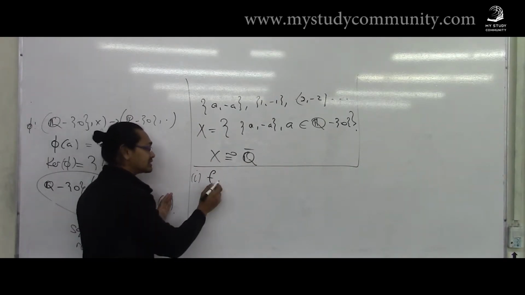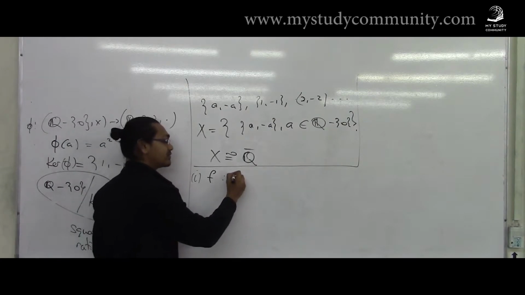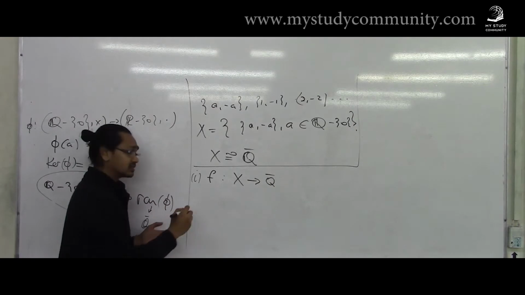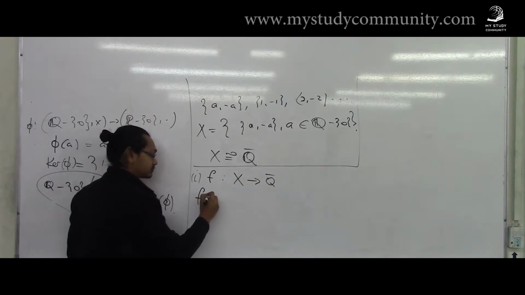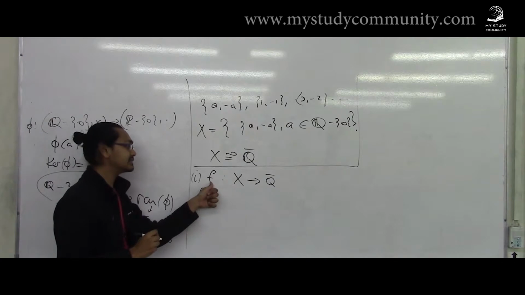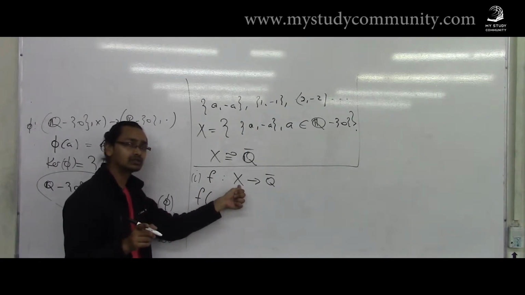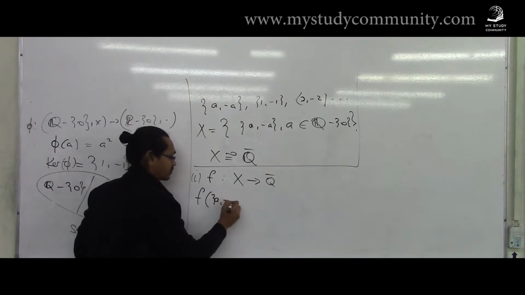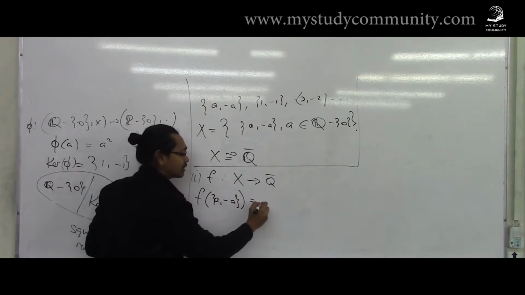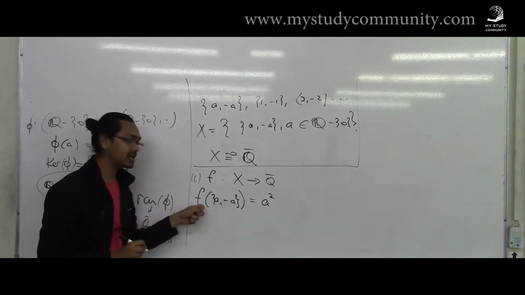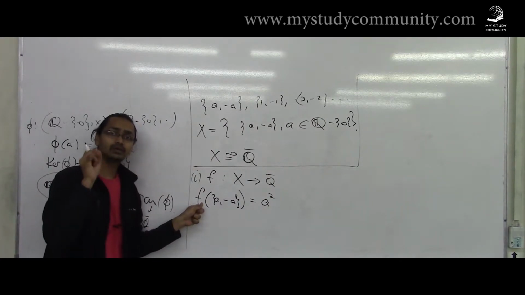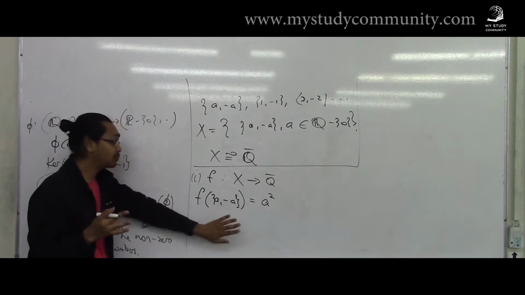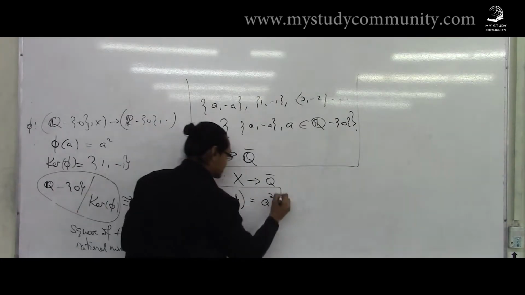So in other words, I'm going to call this homomorphism F, which goes from X to Q bar, such that F of an element in X, A minus A, equals A squared. So this is my mapping that I want to show is one-to-one, onto, and is a homomorphism. So this is important. We will box this off.